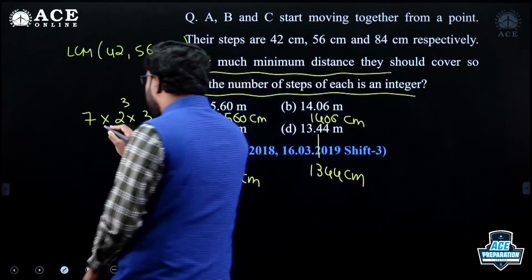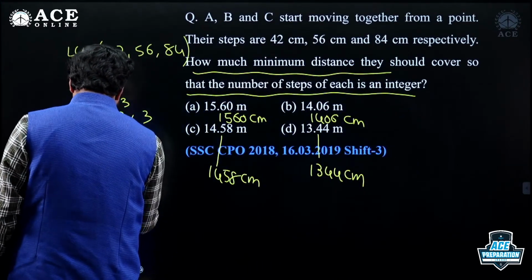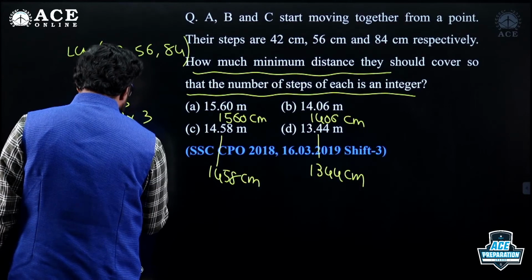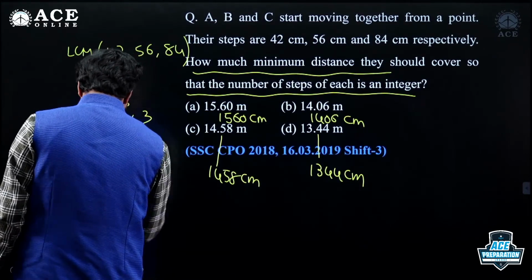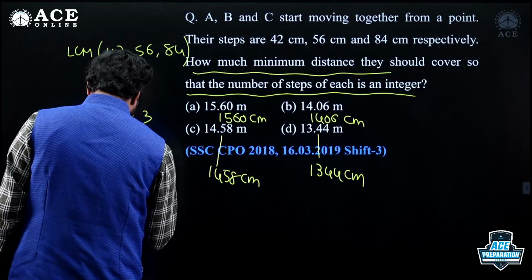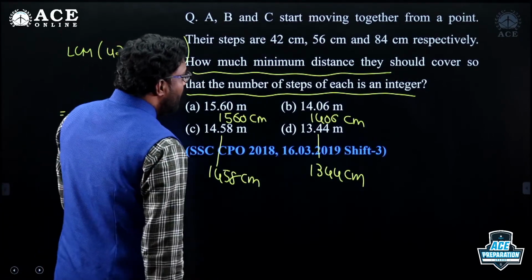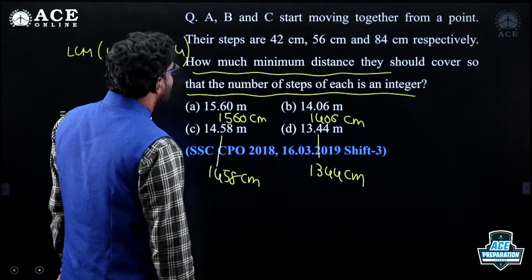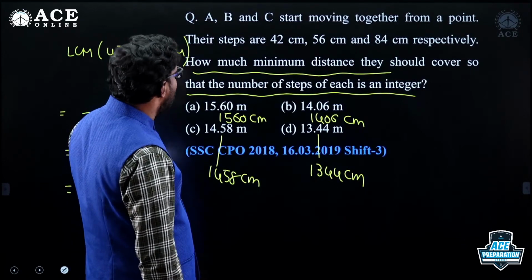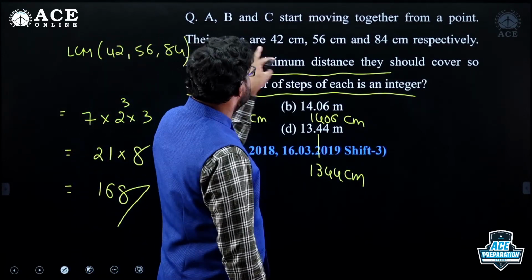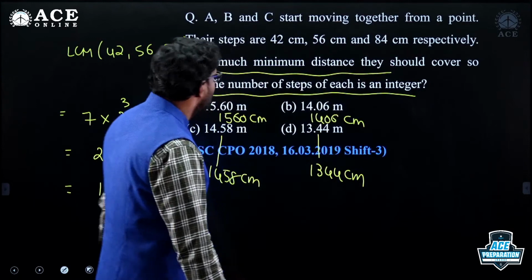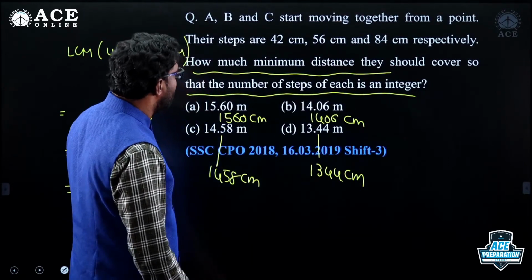Now, if you just proceed, my dear friends, here 21 into 8, we got 168, right? So, 168 is not there in the options. Start moving together from a point, the steps are 42, 56 and 84. How much minimum distance should they cover?